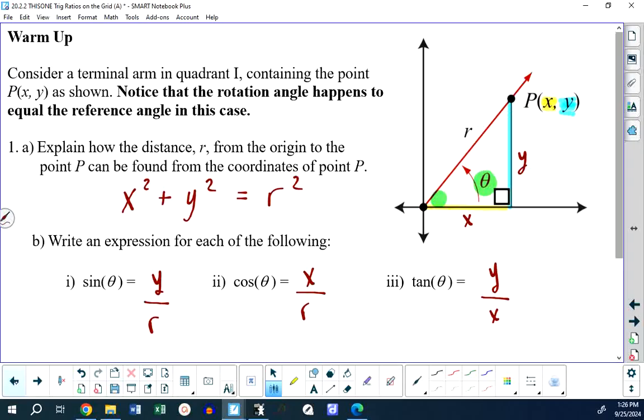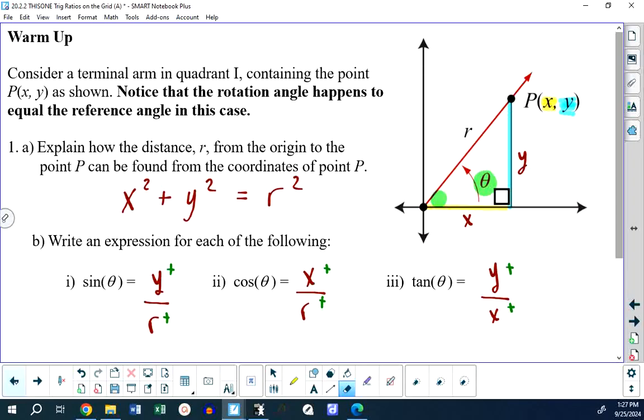R, everybody, is always positive. R is a distance. It doesn't matter which quadrant it's in. So what we're talking about in quadrant 1 is this scenario, right? And for cosine in quadrant 1, x is positive, and r is always positive. And in quadrant 1, x and y are both positive. What I'm saying is everything is positive, so these three trig ratios are positive.